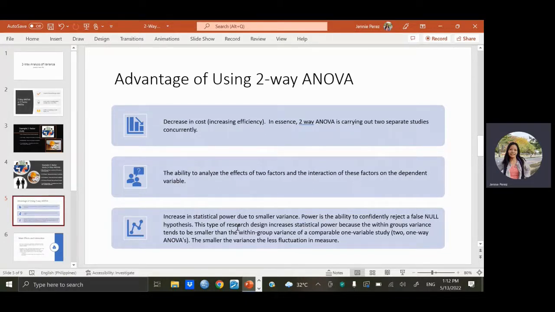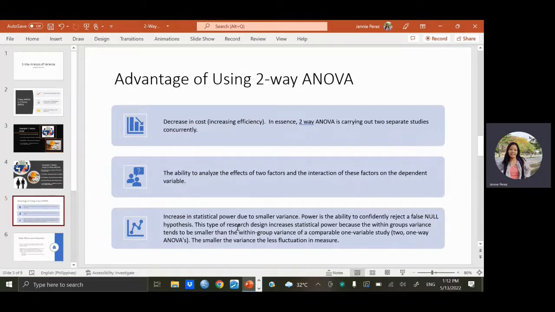One way to do that is to carry out 2 separate studies. One study would investigate the effect of the first factor, and another study would investigate the effect of the second factor on the same dependent variable.